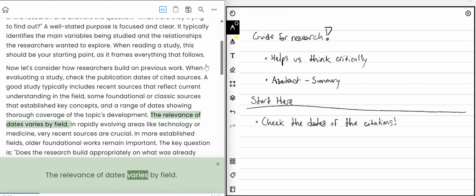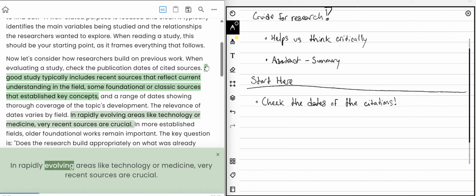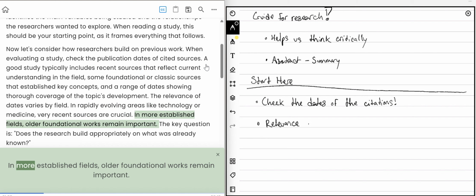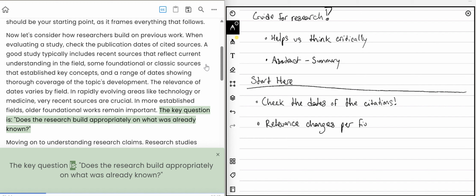The relevance of dates varies by field. In rapidly evolving areas like technology or medicine, very recent sources are crucial. In more established fields, older foundational works remain important. The key question is, does the research build appropriately on what was already known?